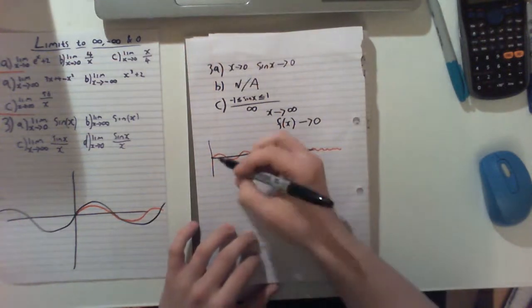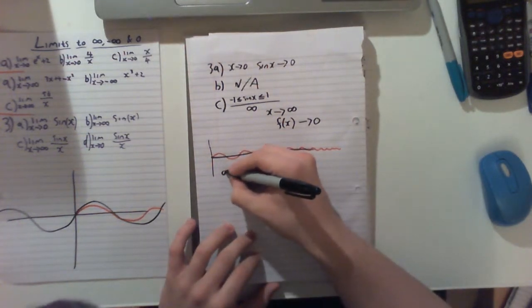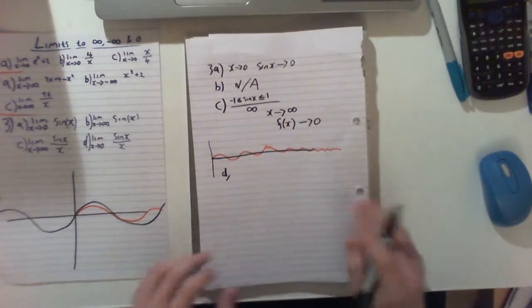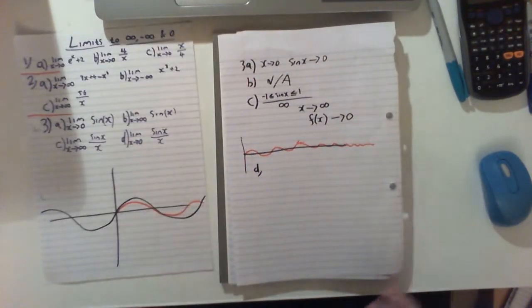So then we finally come to d. For this one, we've got the same function, sine x over x, and our limit is going to 0. Now this one's a little bit more complicated.